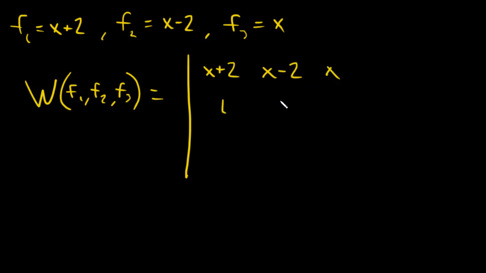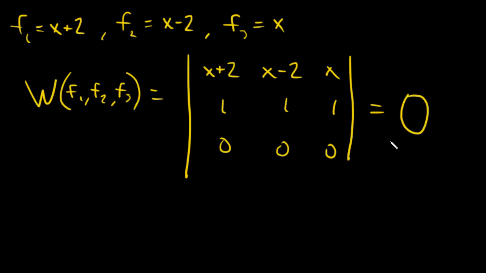First derivative is going to be 1, 1, 1. Second derivative is going to be 0, 0, 0. I can already tell that the determinant is equal to 0 because of all these zeros down here. So since it's equal to 0 for every x I can throw in it, it is definitely linearly dependent. So these are linearly dependent.